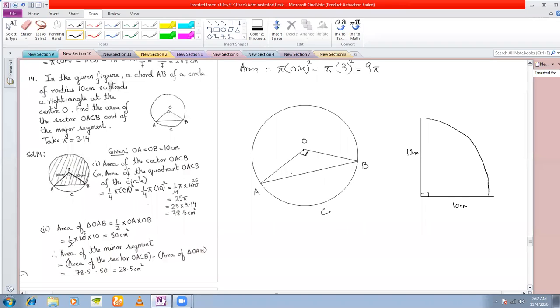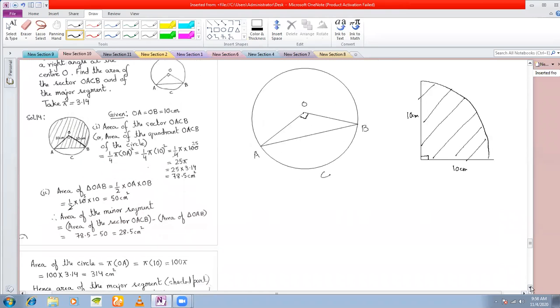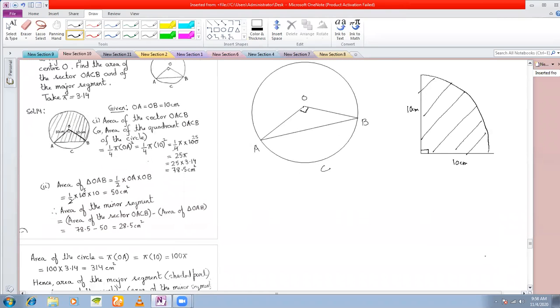You need to find out the area of this sector. What is the area of a quadrant? 1/4 of pi r square, right?